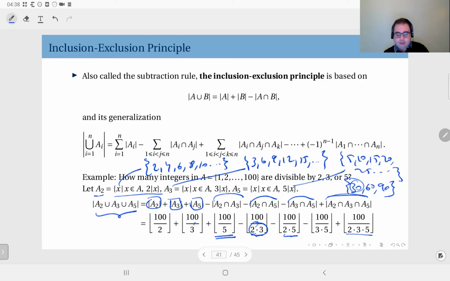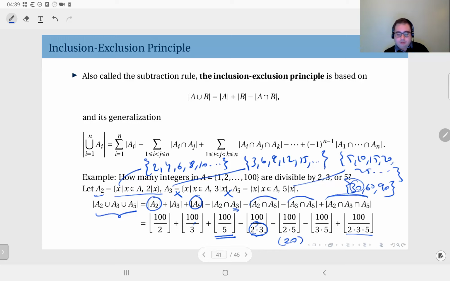But for instance, take, let's say, 20. 20 is divisible by 2, it's divisible by 5, but it is not divisible by 3. 20 is thus added in this set, not in this set, but in this set, and it's not in this set because 3 doesn't divide 20.